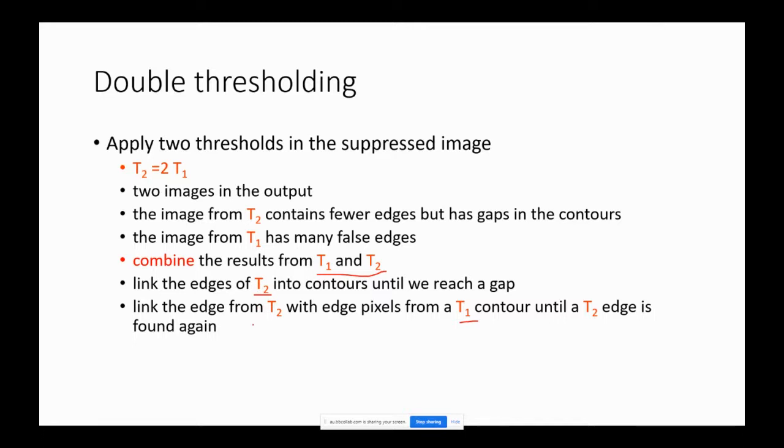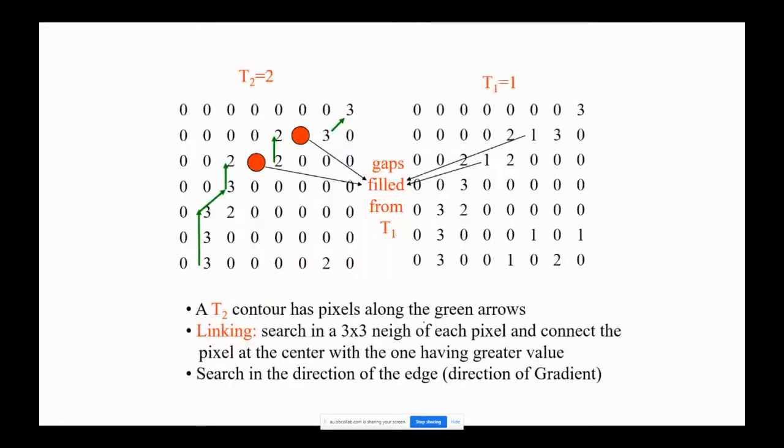I'm basically going to follow the edges on the image T2 with the threshold T2. And whenever there is a gap, I'm going to look at T1 to see if there are pixels in that gap. That's basically what happens. So you see that if I follow the strongest threshold, we're going to have this gap there. Remember that I pointed to these gaps.